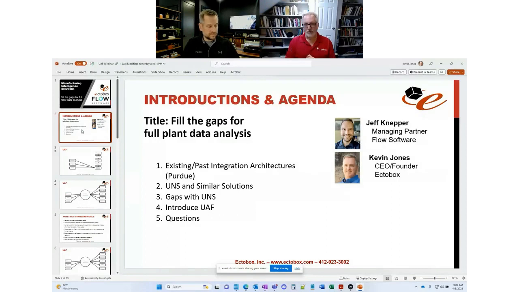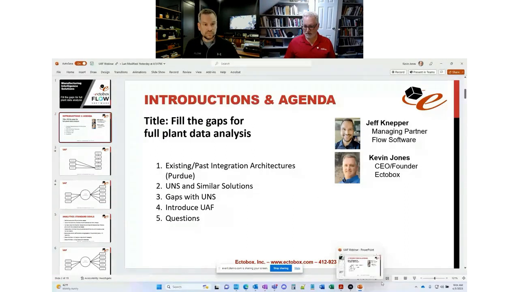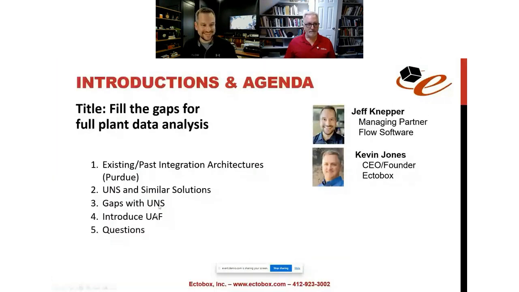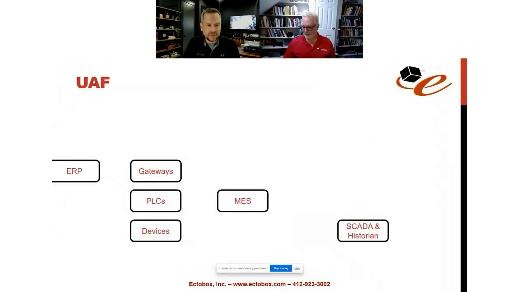He's already been given a preview. What are the gaps with these kinds of solutions, and then what's the solution? He'll talk about the UAF, and then we're going to get into a really good conversation. So with that, Jeff, I'm going to start the presentation so that we can get these nice animations and go from there. Okay. Well, thanks, Kevin.